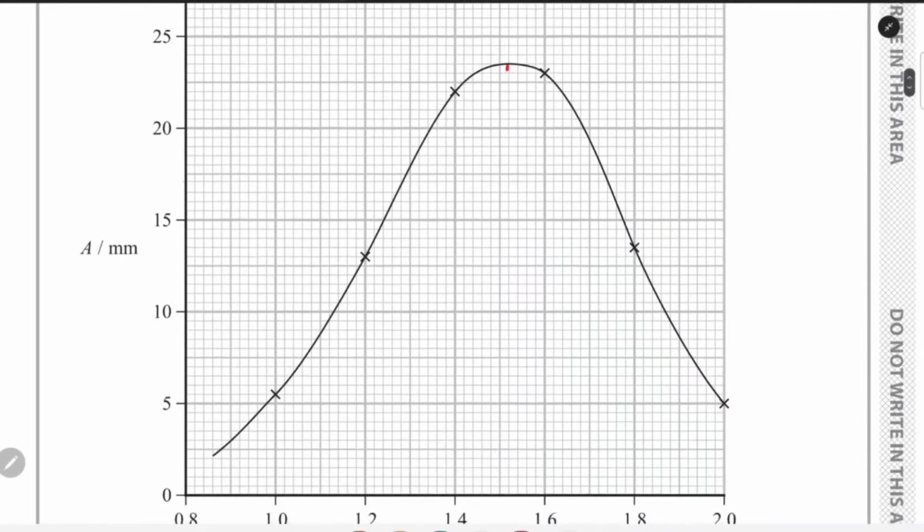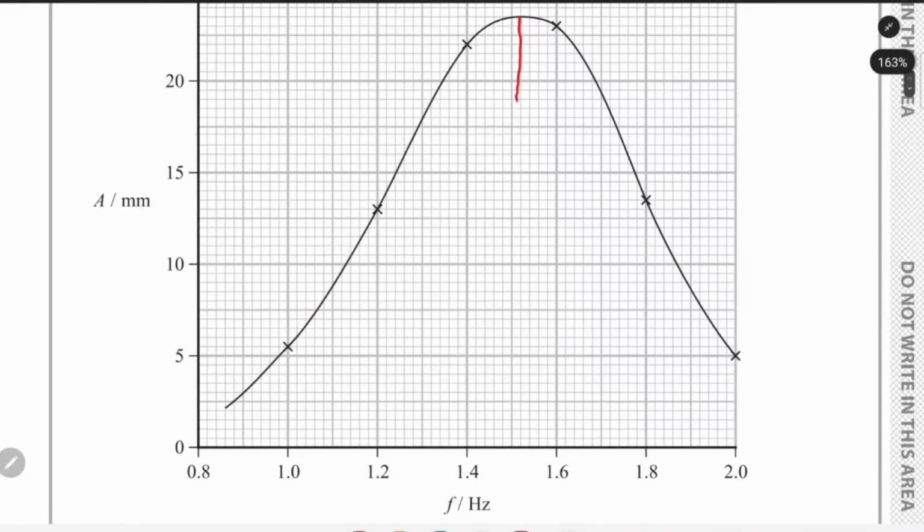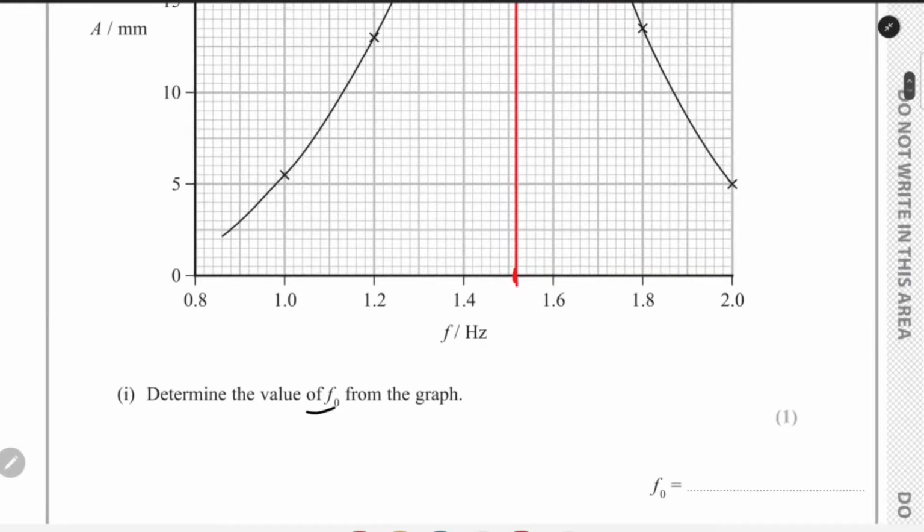If I draw a straight line down, this is where we get our value. 10 units in the x-axis, 10 boxes represents 0.2, so 0.2 by 10.